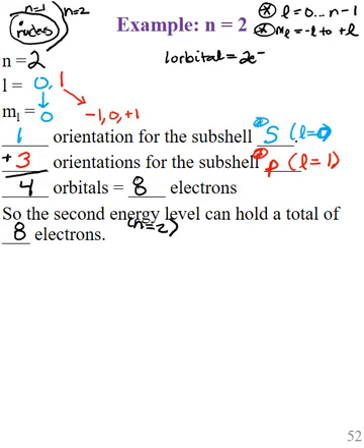Again, if you go back to the previous notes and you look to see where we talked about n, you're going to see that for n equals 2, it can only have 8 electrons, and that is because of these quantum numbers. Okay, so with n equals 2, we can have a few subshells with it.